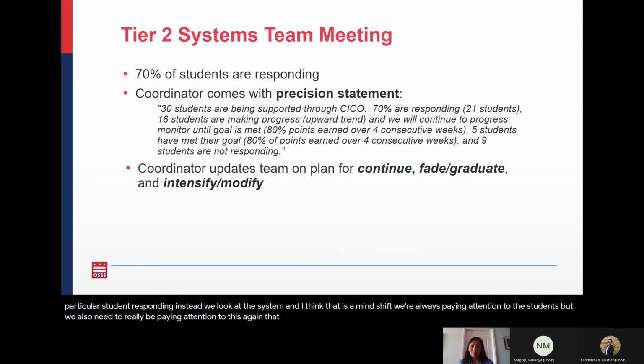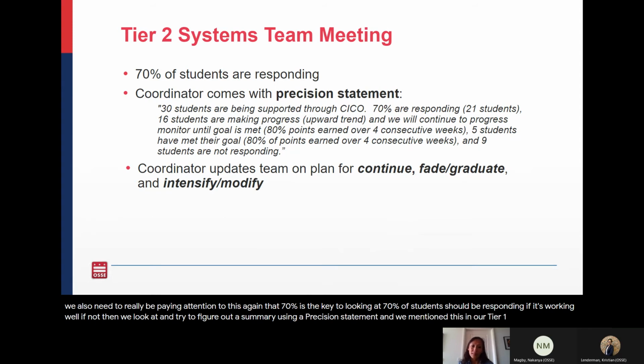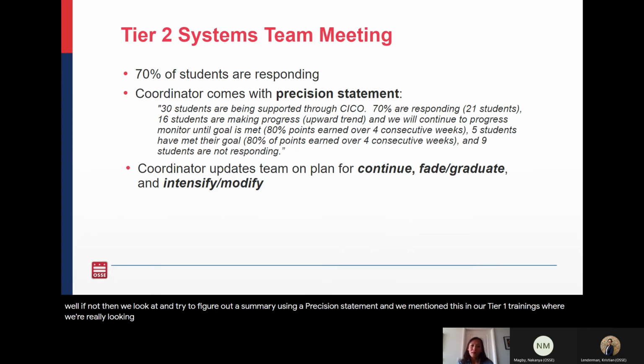Again, that 70% is the key: 70% of students should be responding if it's working well. If not, then we try to figure out a summary using a precision statement. We mentioned this in our tier 1 trainings, where we're really looking at our data and our numbers to come up with a hypothesis as to why they are not responding.